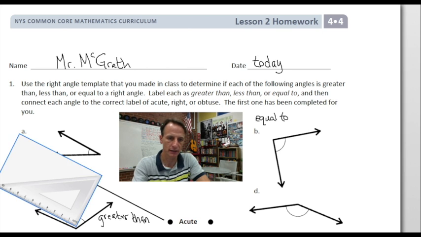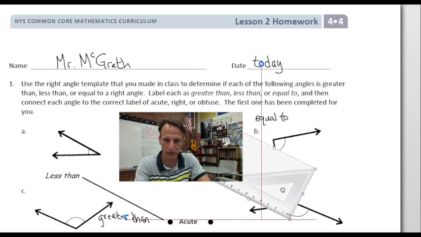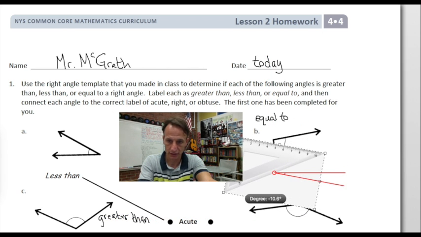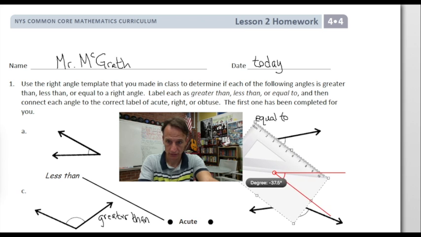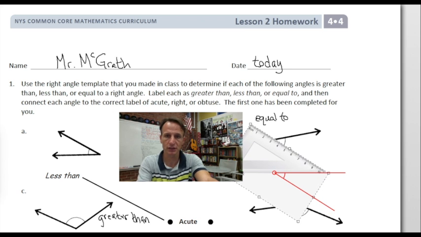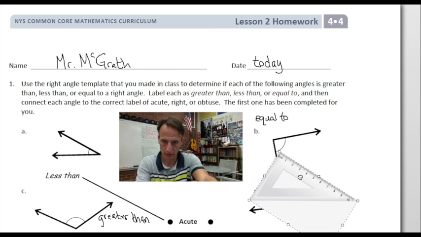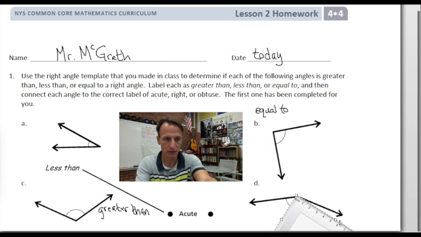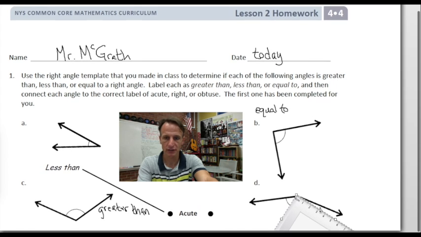All right, and then I'm going to grab my triangle and bring it over here, rotate it around, like so. Have to rotate it a little bit more. That was close. Can't see it.